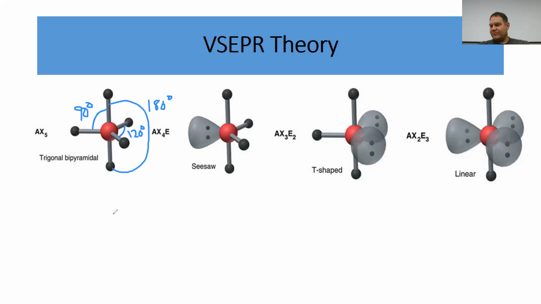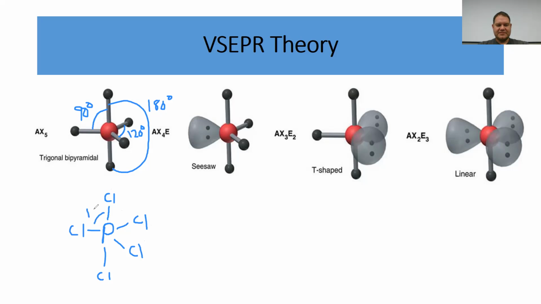Okay, what's an example? Let's say phosphorus. Phosphorus can have extended octets, right? So let's say phosphorus is going to bond to some chlorines, and this could be a possible structure, like so, right? And so you got 1, 2, 3, 4, 5 domains.